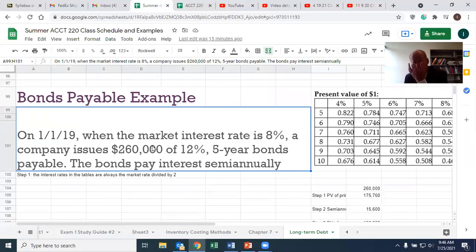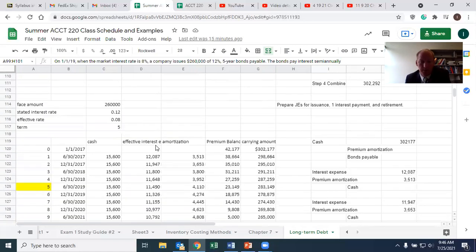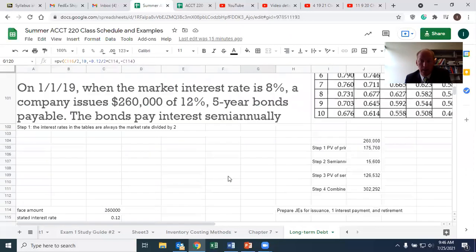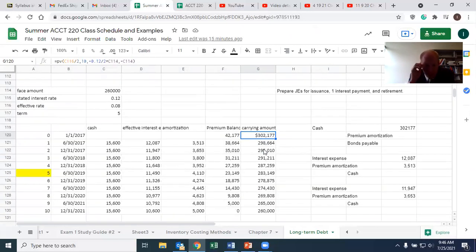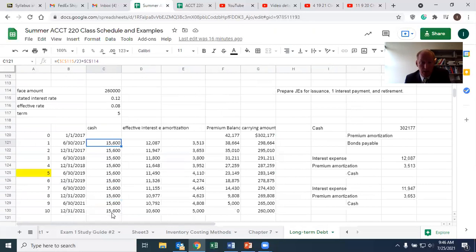Okay. All right. So now let me show you how the payments work and things like that. Basically what we did is we took that amount, that's the carrying amount. That's the amount we received. Now the cash payment is going to be the same, right? 15,600 all the way through.